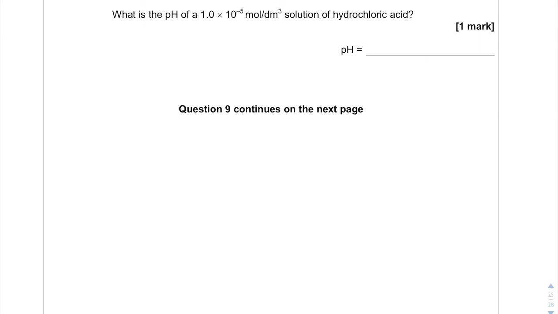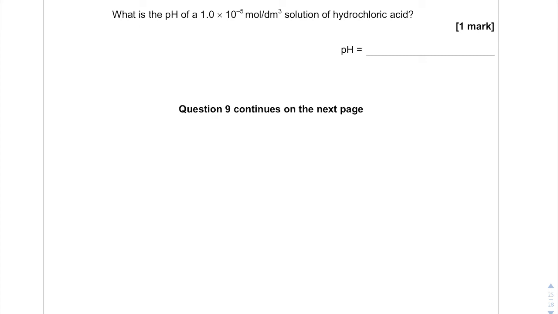So now 9.2, we have a concentration given in acid. Again, the exam board change their spec every year, and there are things that I think you should know and things that I think you shouldn't know.